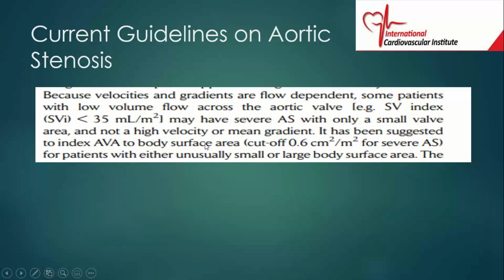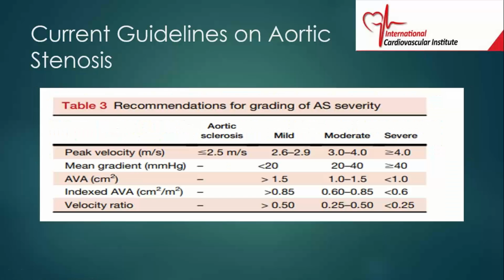So this is what is expected. But if you do the continuity equation and the valve area is less than 1 centimeter squared, but you're getting a mean gradient less than 40, or a velocity less than 4, then things are not lining up.